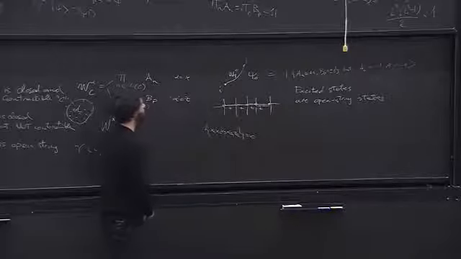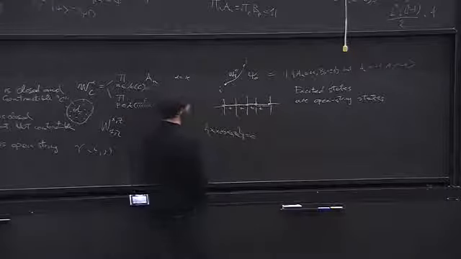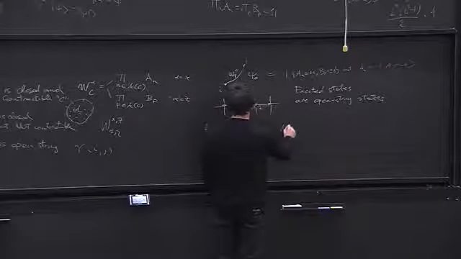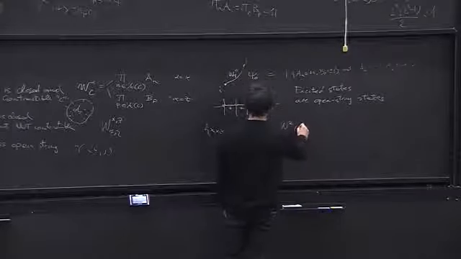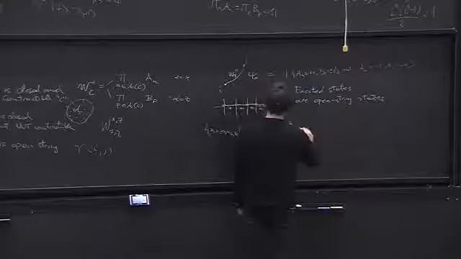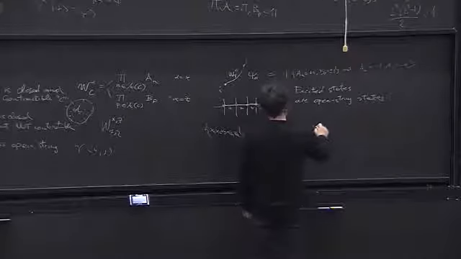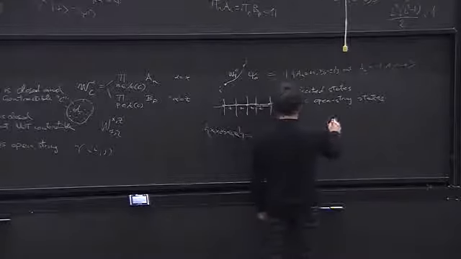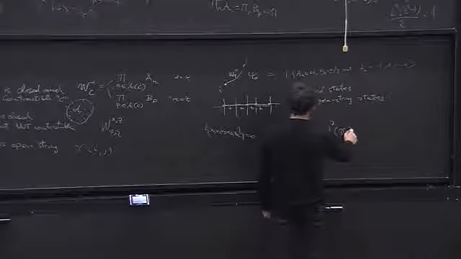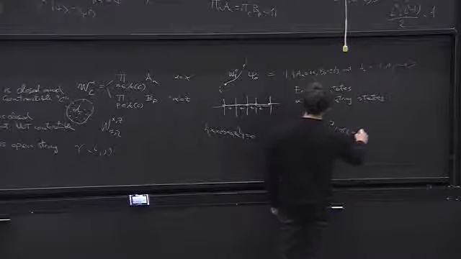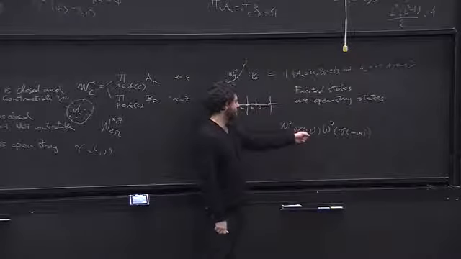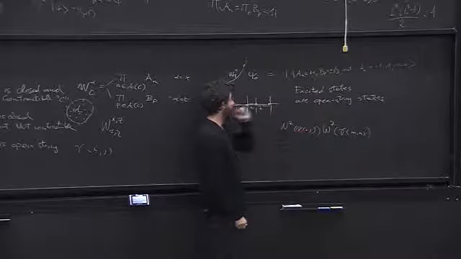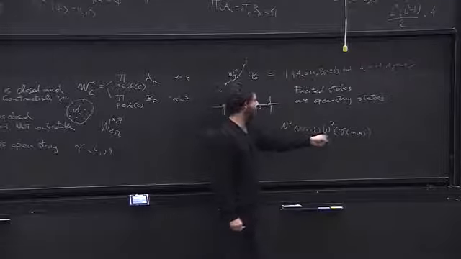If I want to have a state with four excitations, then I will have W_Z of gamma_ij times W_Z of gamma_mn. And in this way, I've created excitations at i, j, m, and n.